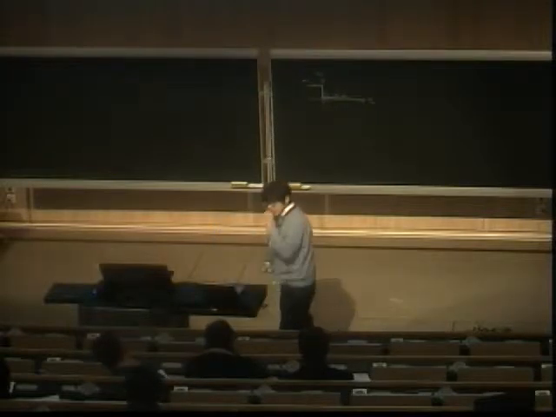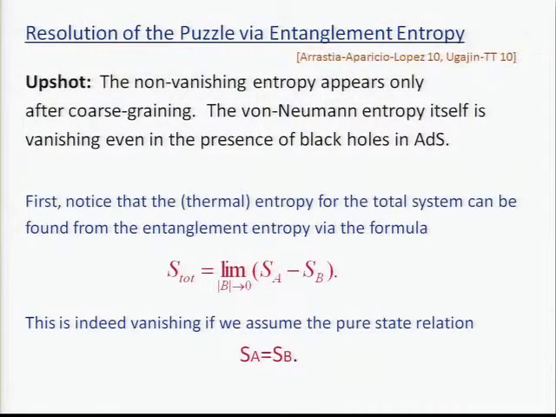But actually it is not so difficult to resolve this puzzle, especially by using holographic entanglement entropy. This was worked out in the paper by Arias, Casini, Lopez and others, and also in our independent paper with Ugajin. The upshot of this resolution is that both sides are actually not contradicting.